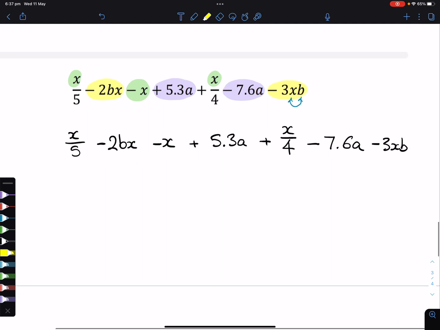That's just enough room. So we had this term, this term, this term, this term, this term, this term, and this term. I've just made a copy with my pen, and this enables me to move them.